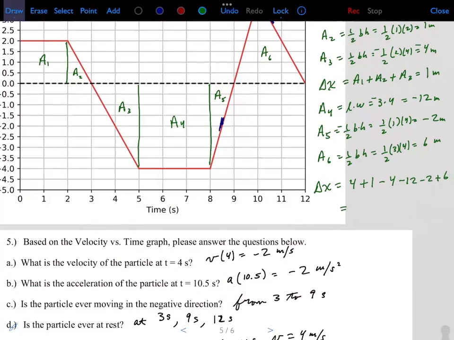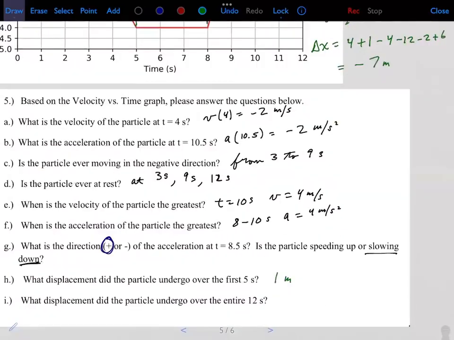So what is that? Negative 11, negative 13 plus 6. It looks like it's negative 7, right? So negative 7 meters. So that would be my displacement over the entire 12 seconds, negative 7 meters.